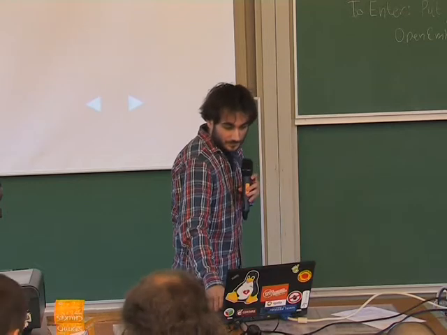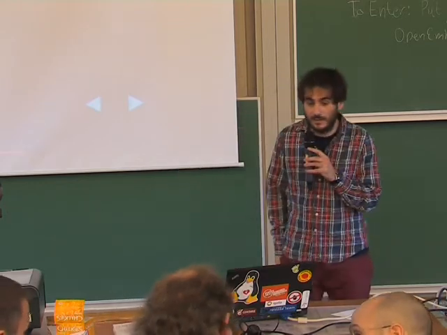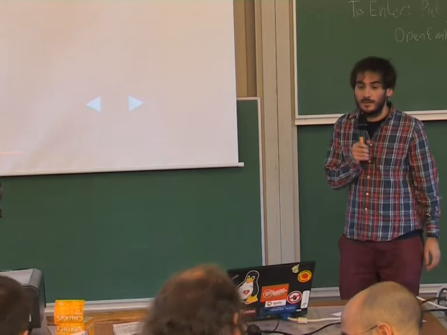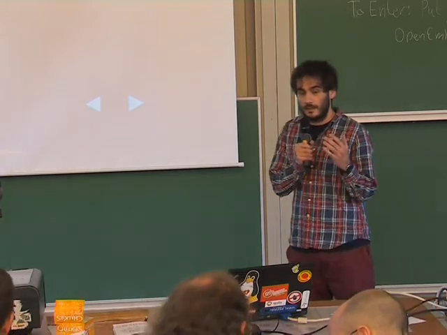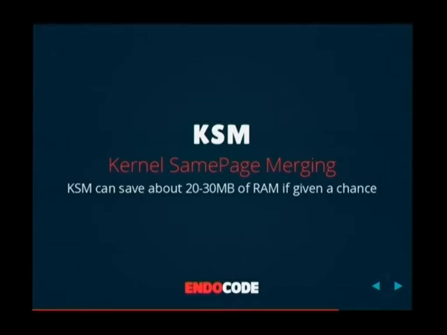So the first thing is KSM. It's kernel same-page merging. This was a feature thought for virtualized environments, in the sense that when you have several virtual machines in one machine, you're probably going to have a lot of repeated pages in memory.